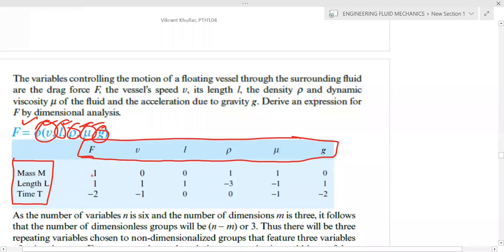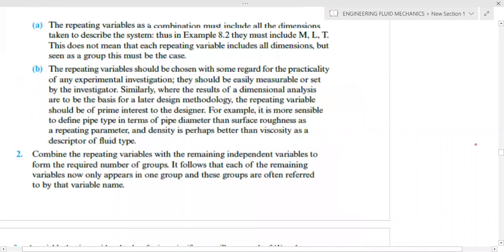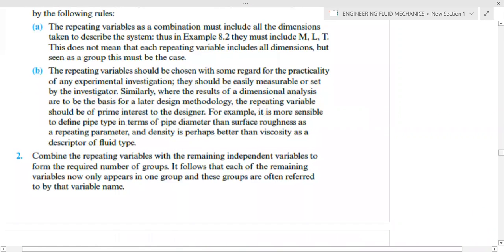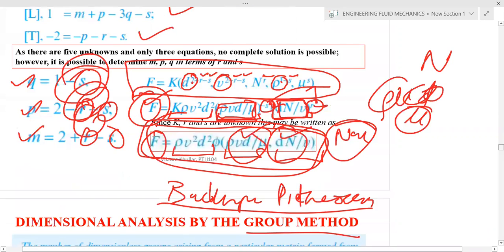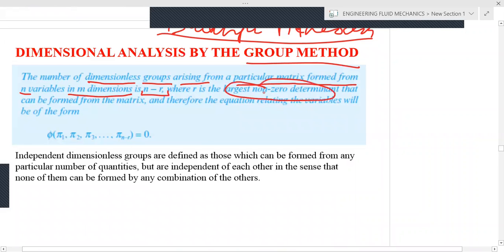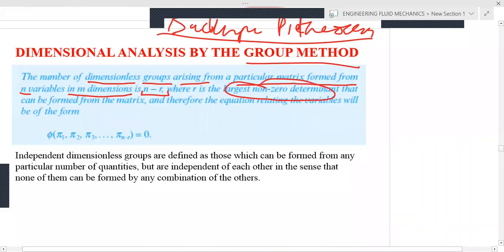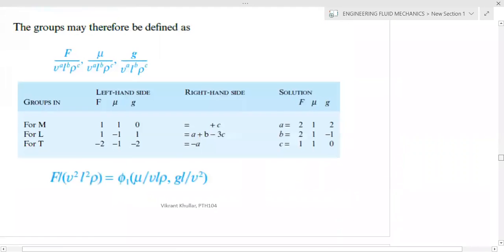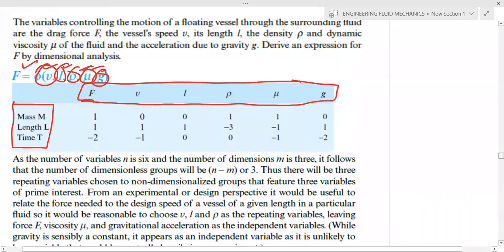So as per the statement, what is the number of groups arising from this? Largest non-zero determinant. So how will you find out the largest non-zero determinant in this case? What can be the largest non-zero determinant as such? What do you think?